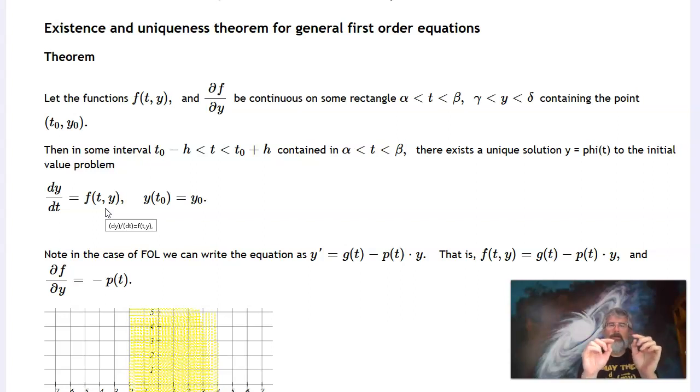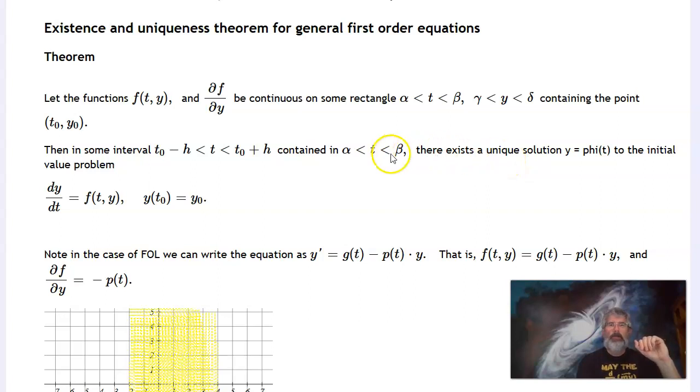Now the interval on which that solution is continuous is from some t0 minus h to t0 plus h, which may be smaller than alpha to beta, but it's still in there. And I know I have a solution, and I know it is a unique solution. It says right here, there exists a unique solution, only one.